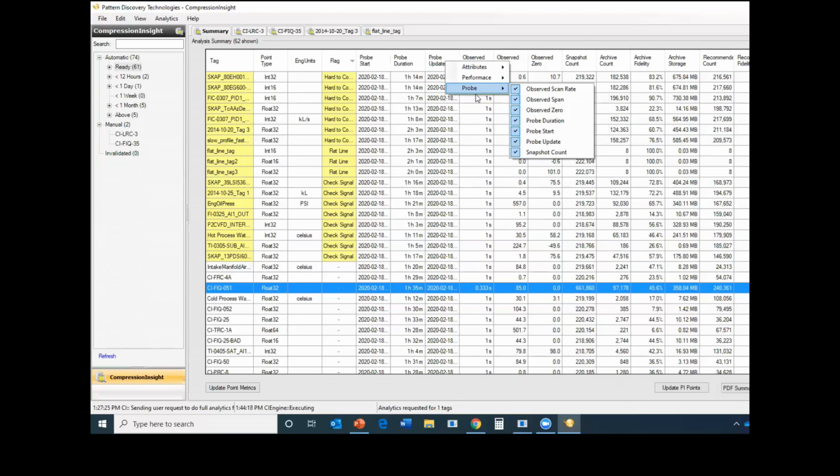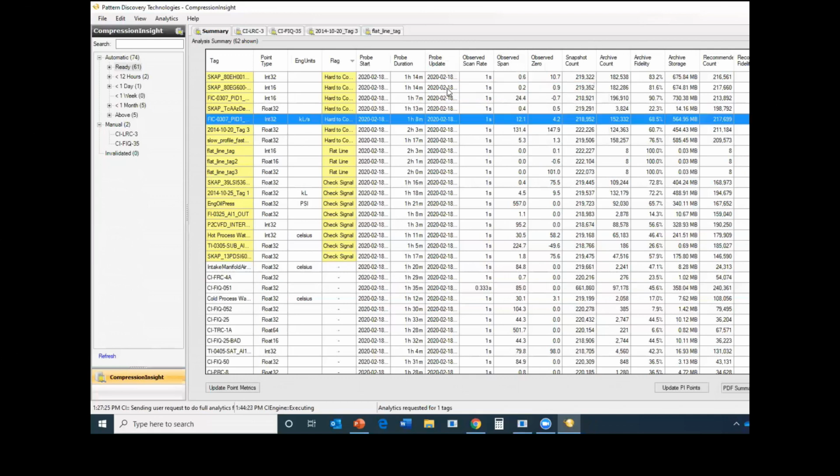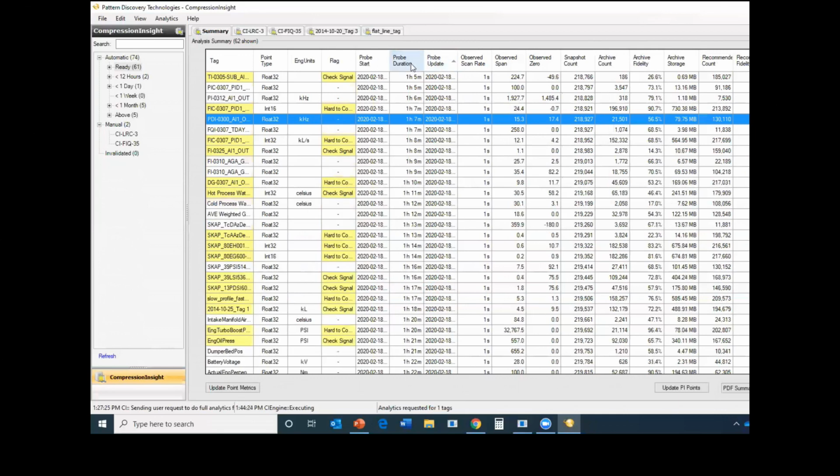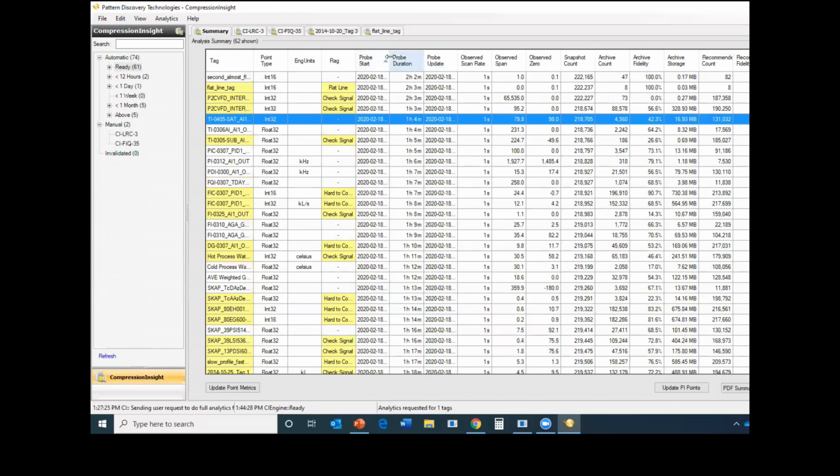The other thing, and kind of coming back to this probe issue, is I've turned on the probe start, duration, and update. These three columns tell us when the analysis was started, so this is the compression analysis that we're doing in Compression Insights.